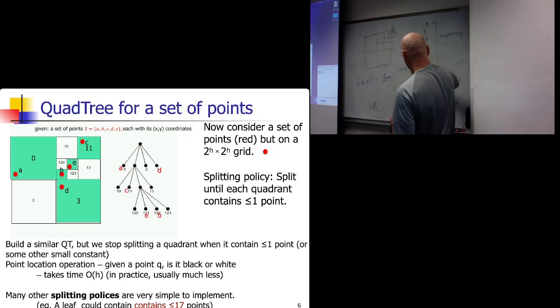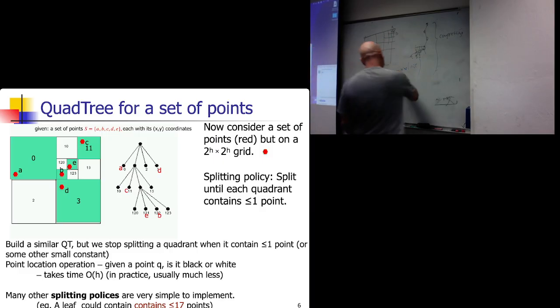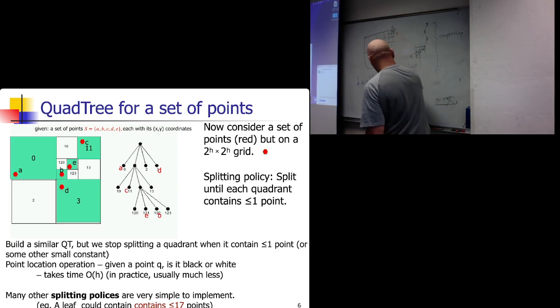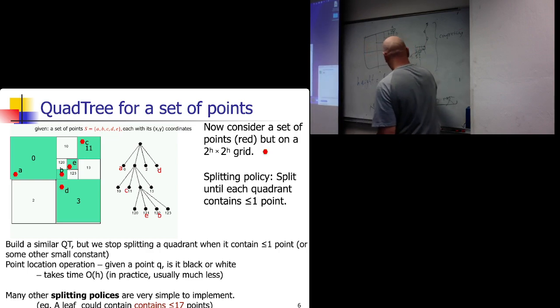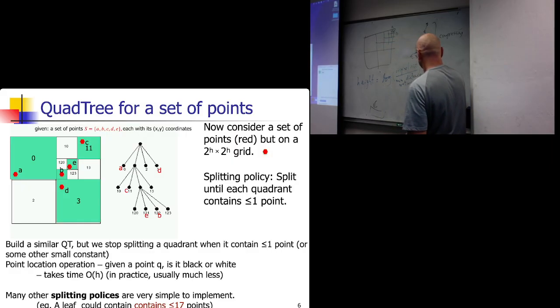How large was the original size? Divided by the mean distance between points.